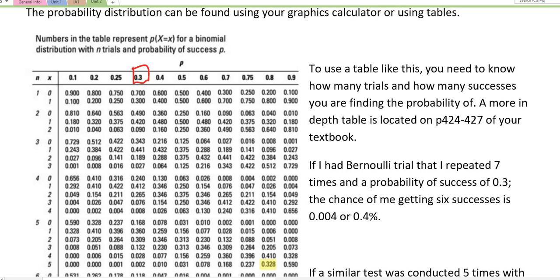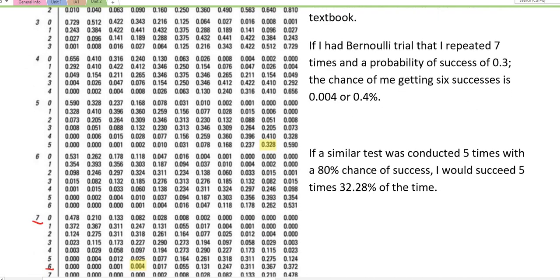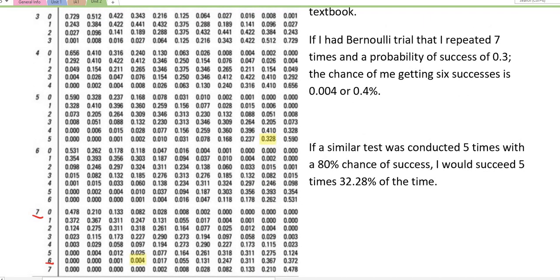Which makes sense. If you only have a 30% chance of it happening, having it happen 6 out of 7 times is very, very unlikely. How many times would you expect something with a 30% chance of happening if you did 7 trials? Maybe 2 or 3 out of 7 would be most likely. Does that make sense, guys?